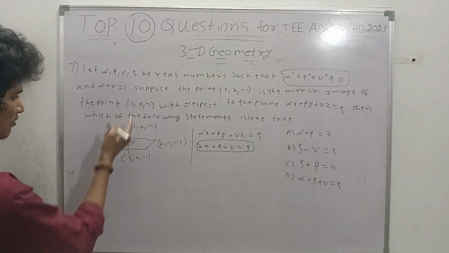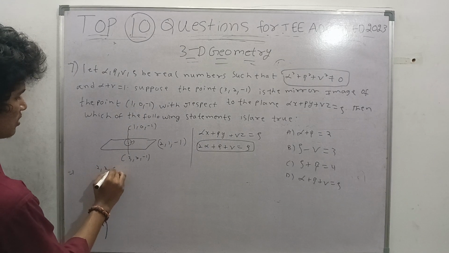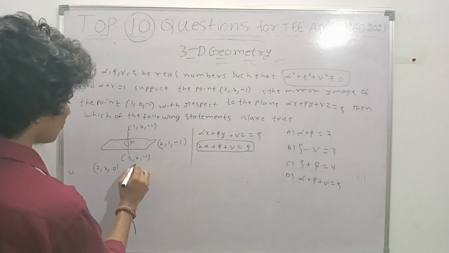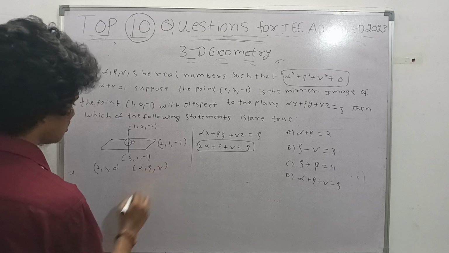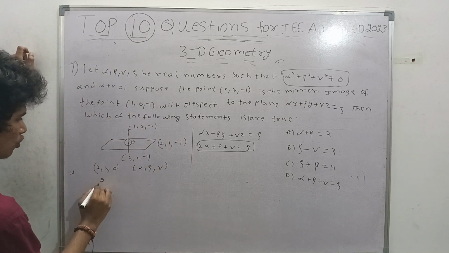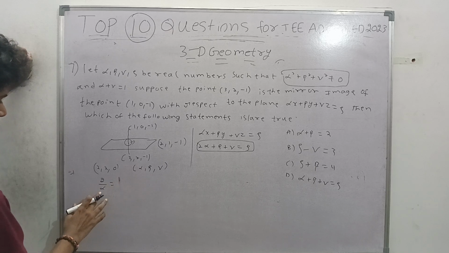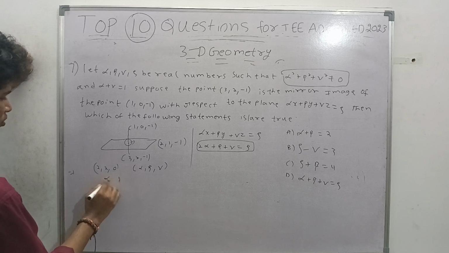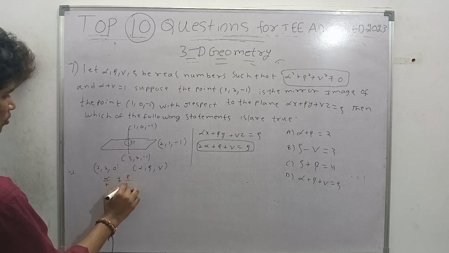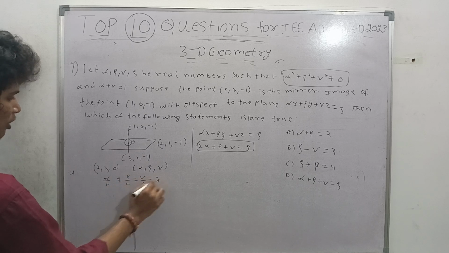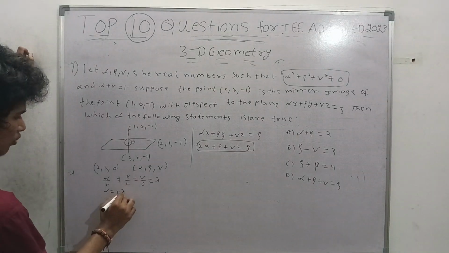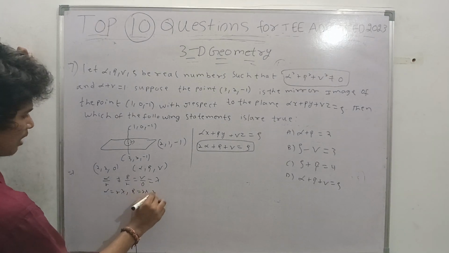What are the DRs of this? It will be 2, 2, 0. These 2, 2, 0 are proportional to alpha, beta, gamma. So alpha by 2 equal to beta by 2 equal to gamma by 0 equal to lambda. You can take alpha equal to 2 lambda, beta equal to 2 lambda, gamma equal to 0.